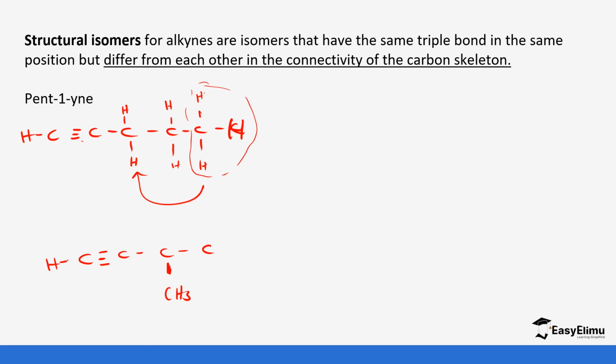So hydrogen, the other one is full, so it becomes like that. So this becomes 3-methylbut-1-yne. So there is no other because you can't move this CH3 again to any other position. There is no position left.